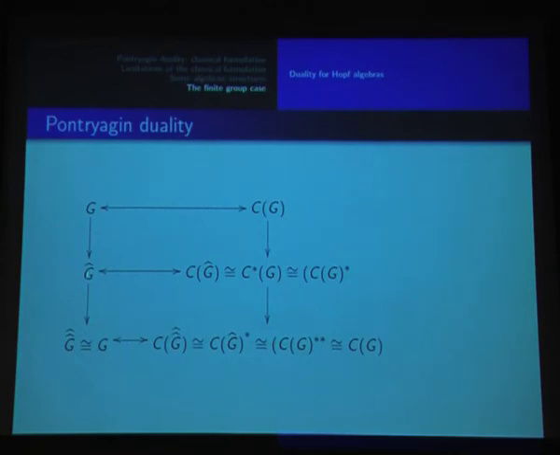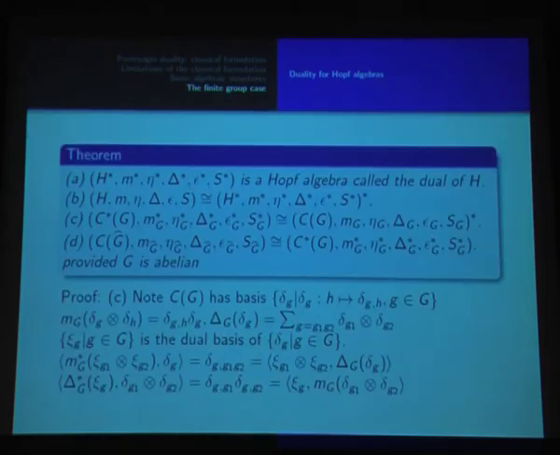So if G is abelian, then we can pass to G hat hat. Here we can pass to the dual of this. Of course, C g star star is isomorphic with C g, and this is the same as C g hat star, and that is C g hat hat. So if, instead of recording the group structure, we record its Hopf algebra structure, then we see that this concept of passing to the dual actually encodes this information of the Pontryagin dual, and this map is like H being isomorphic with the dual of its dual.